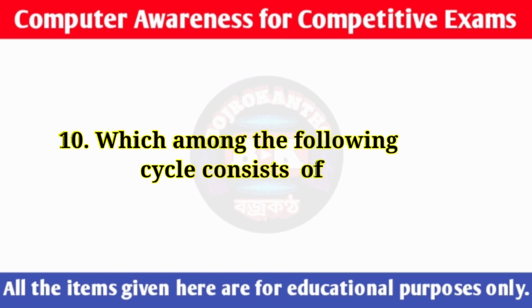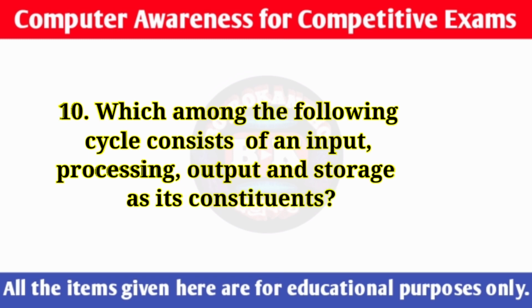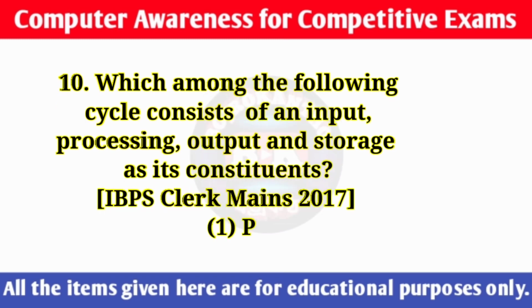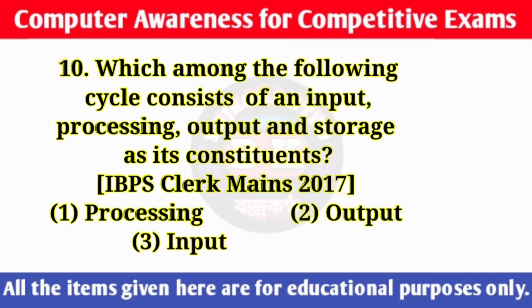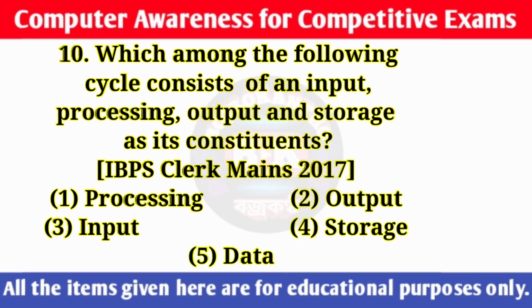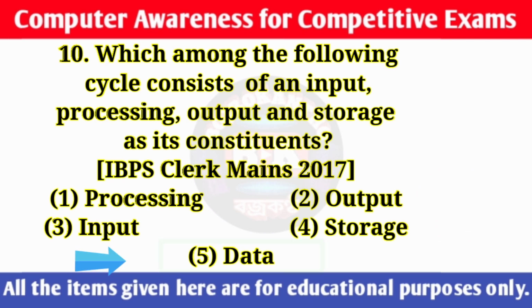Which among the following cycle consists of an input, processing, output, and storage as its constituents? Option number 1 processing, option number 2 output, option number 3 input, option number 4 storage, and option number 5 data. The correct answer is option number 5 data.